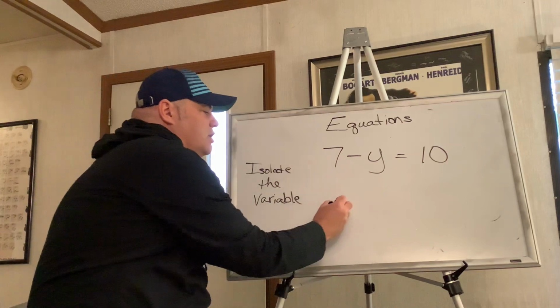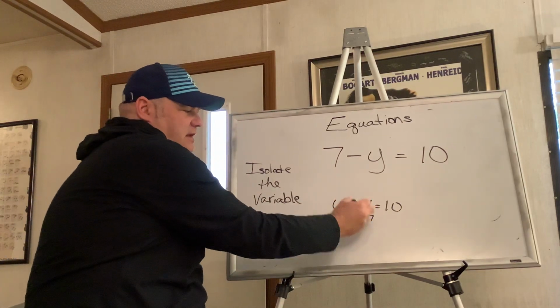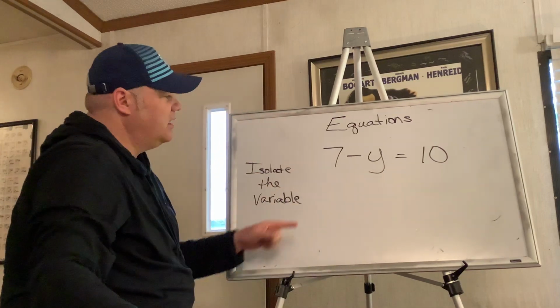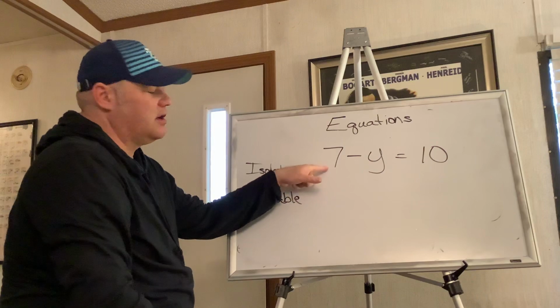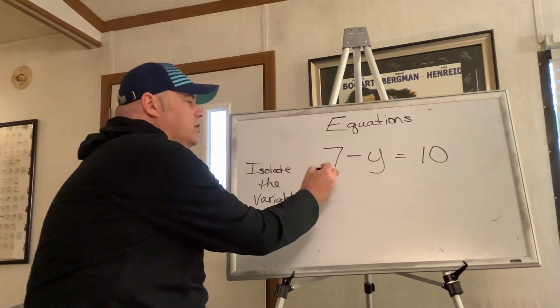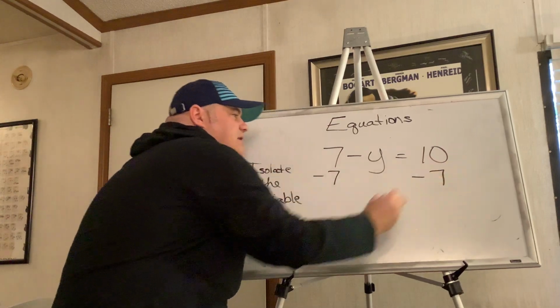Just to show you the difference, if it looked like this, you would add 7 to get rid of that 7 to get a 0. But because I switched places, if you add 7 here, you're going to get 14, not 0. You need 0 here, so you're going to subtract 7, and that means you're going to subtract 7 over here.